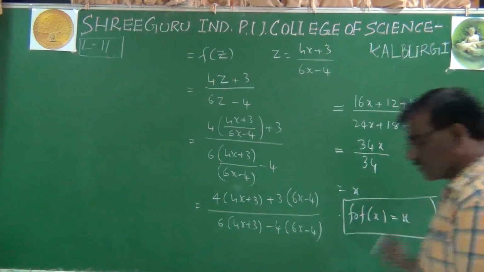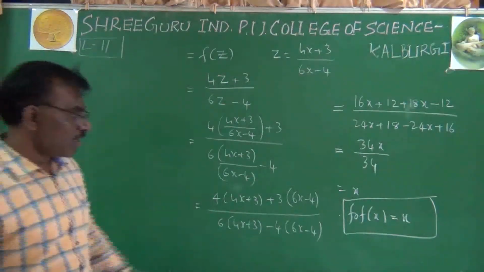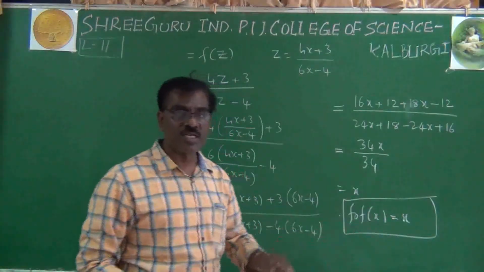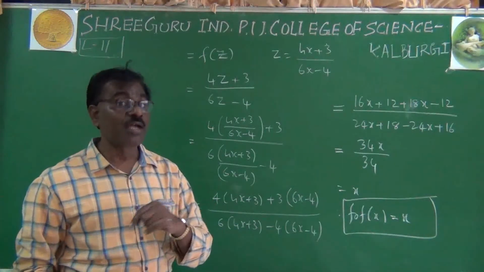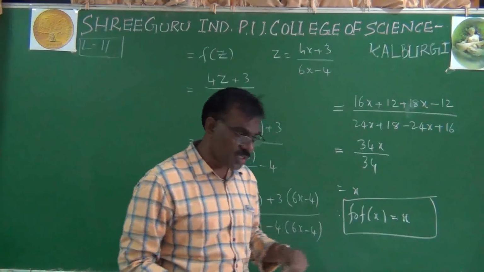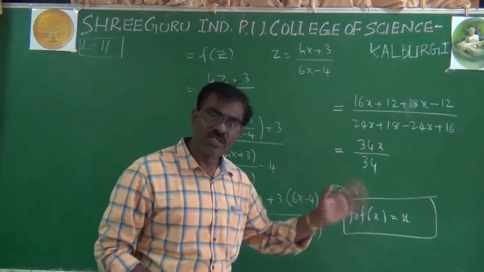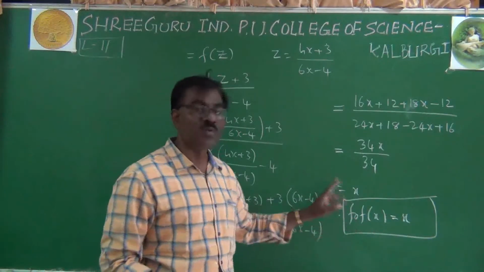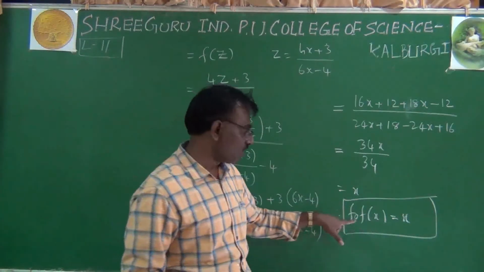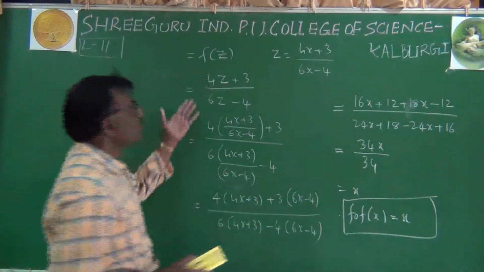So what is the name of this function? Identity function. f composition f of x is x, so the function is called the identity function. When you get f inverse of f of x is x, then for the given function f is f inverse. Anyhow, this is called the identity function. Very simple.